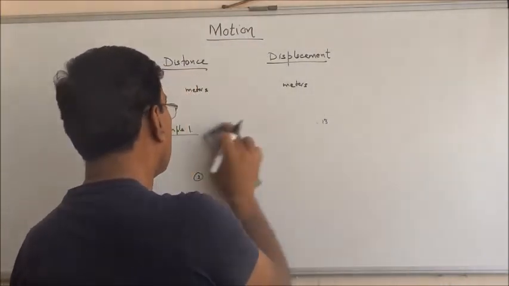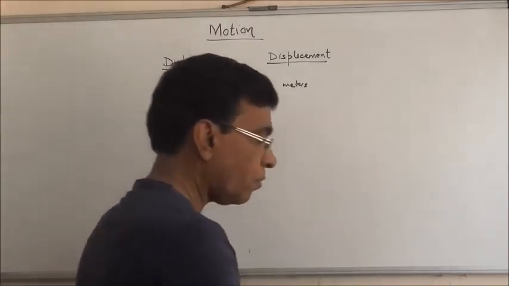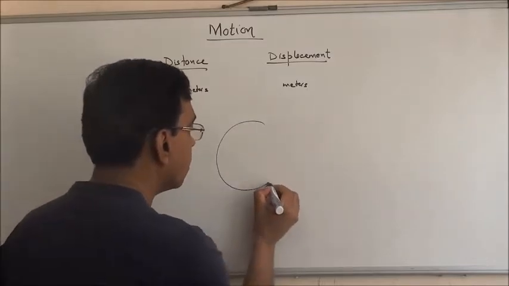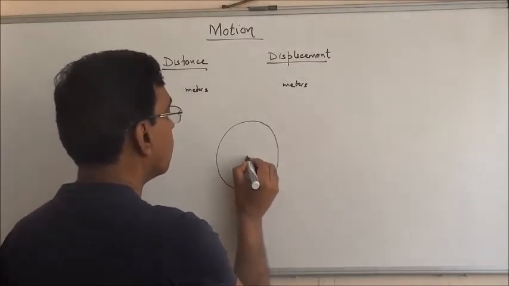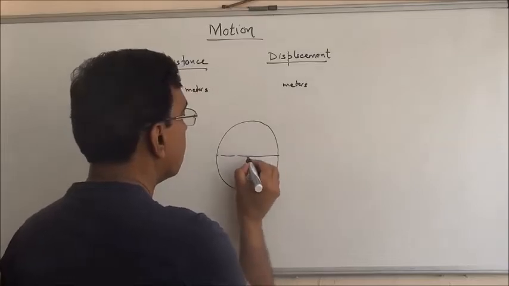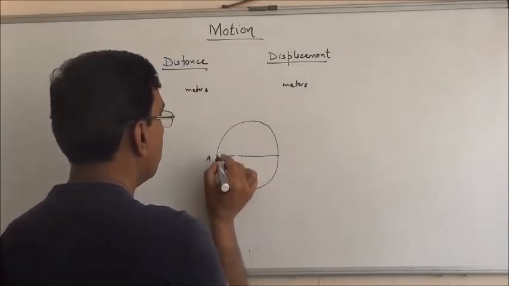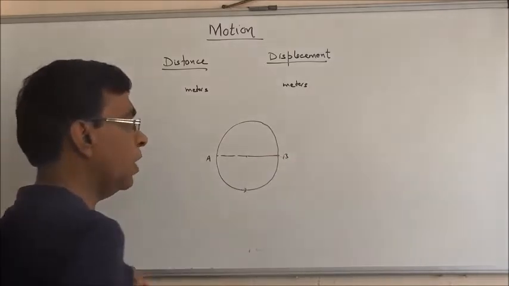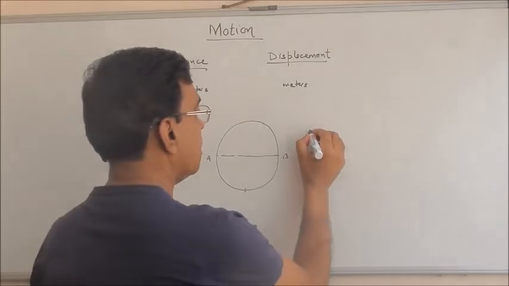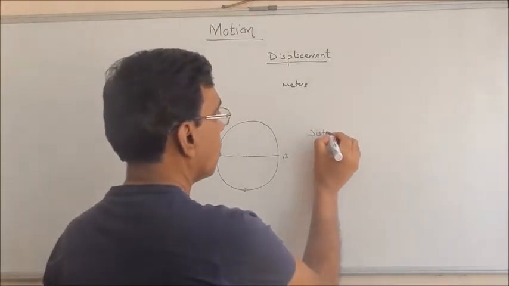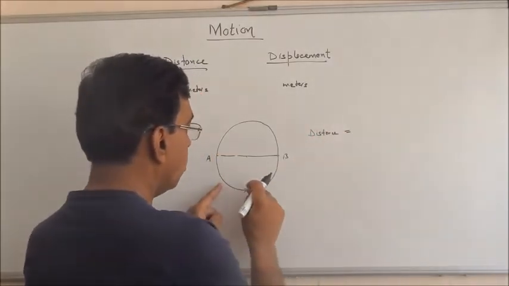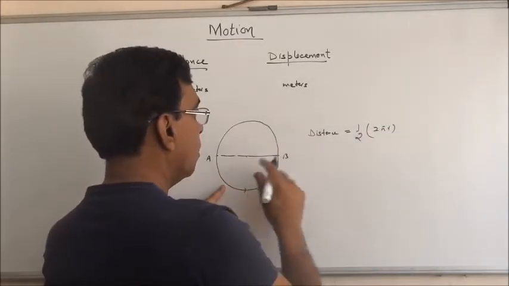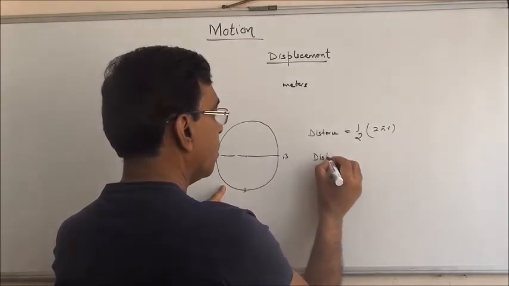Take some other example. Let me take a body moving on, say, a circular path. If it starts from A and it is moving like this, it reaches B. What is the distance? Distance is the length of this path, so it is half of the circumference. And what is the displacement?